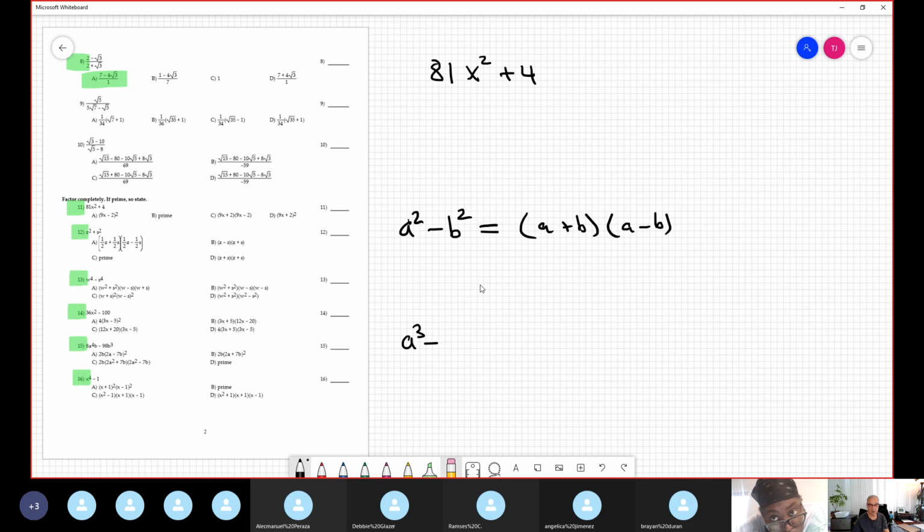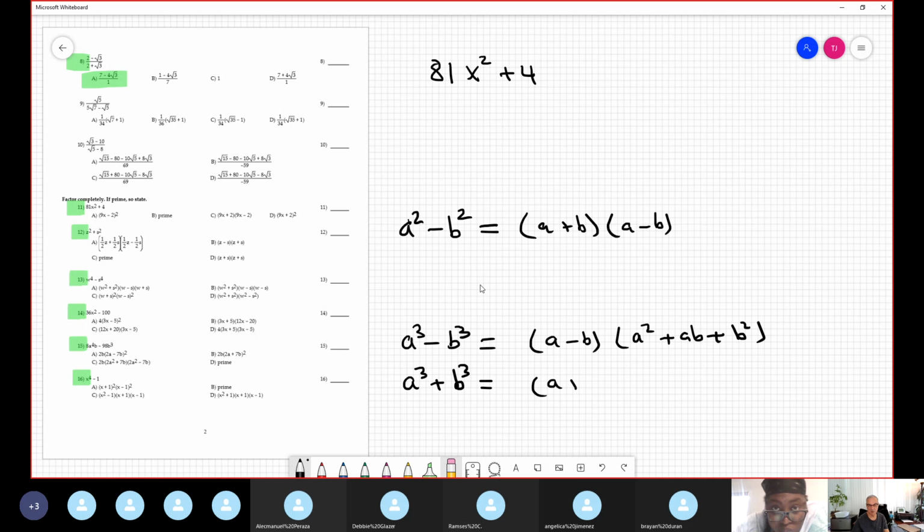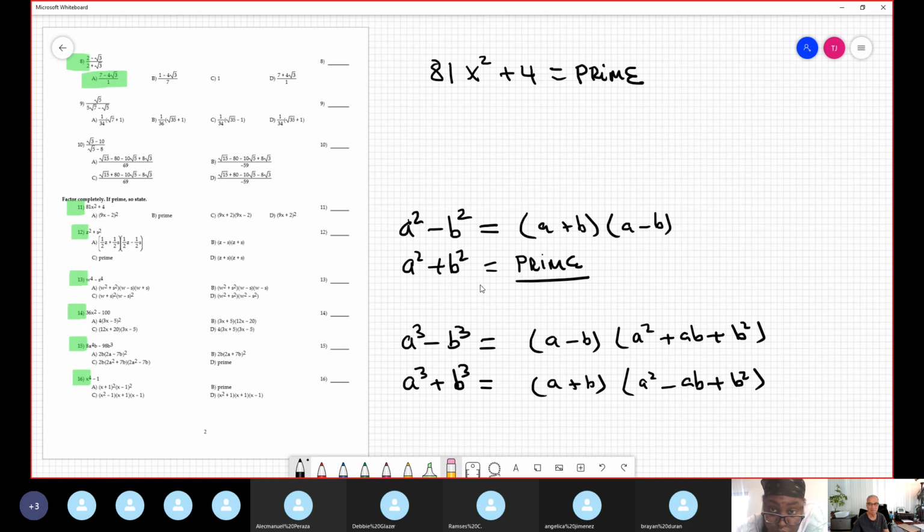The difference of cubes is a little more complicated: a minus b times a squared plus ab plus b squared, and the sum is a plus b times a squared minus ab plus b squared. And we have another possibility, a sum of squares. This combination is prime, so factorization is impossible. This expression is prime because it's a sum of squares.